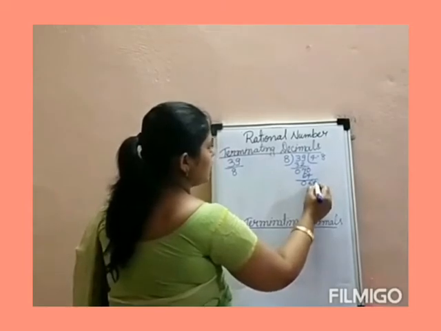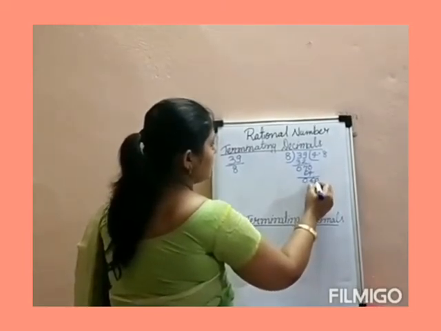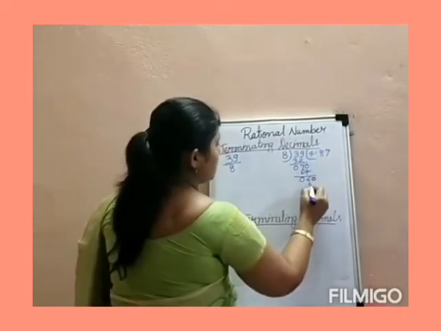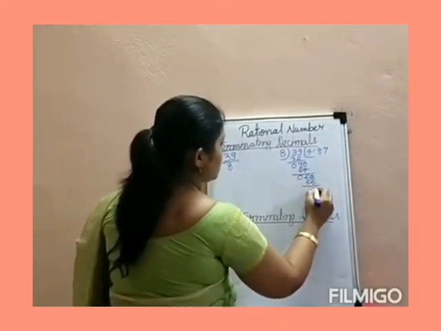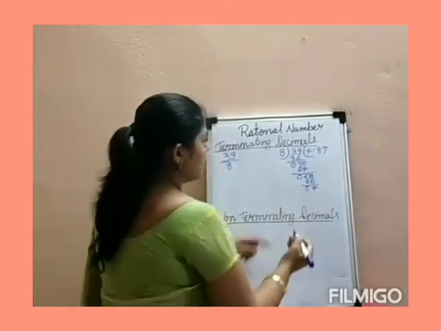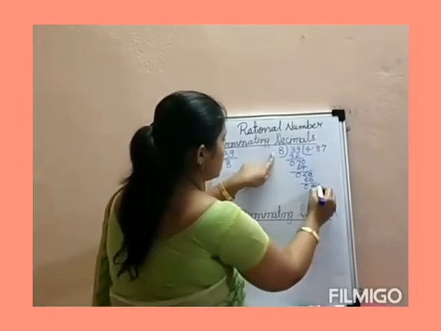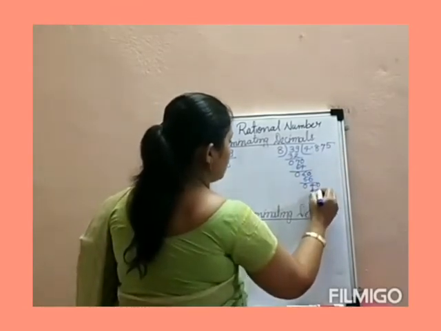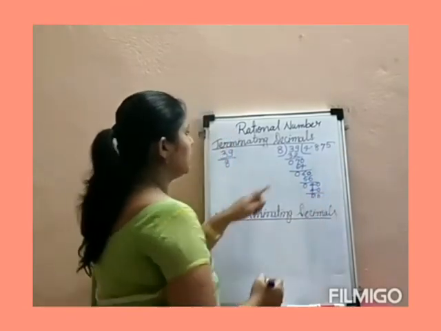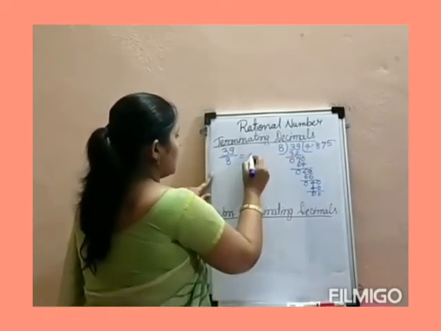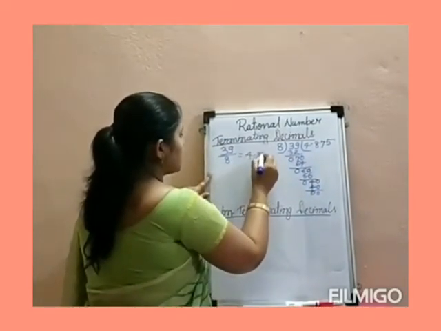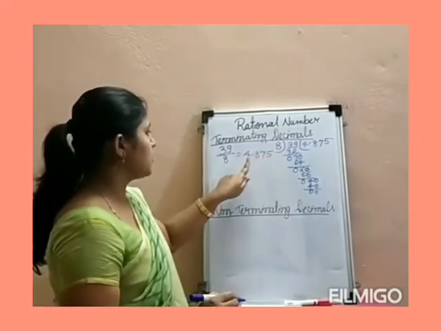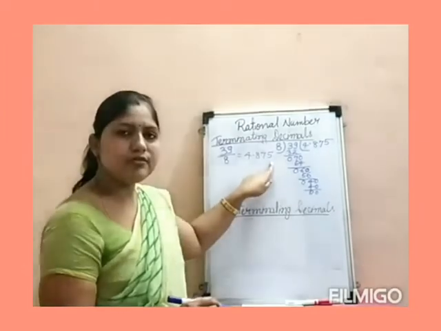Again put a 0 here. 8 sevens are 56. 4. 4 is not divisible by 8, so put 0 again. 8 fives are 40. Now it is totally divisible. So 4.875. That is terminating decimals. After decimals, the numbers are finite.